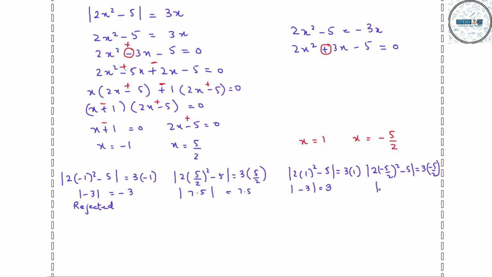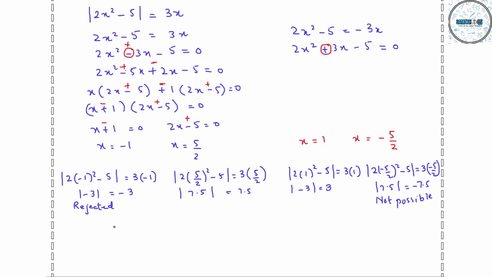Minus 5 is 7.5, which is equal to minus 7, which is not possible. So we will reject this value as well. We'll write here not possible, and we will reject the value x is equal to minus 5 upon 2.